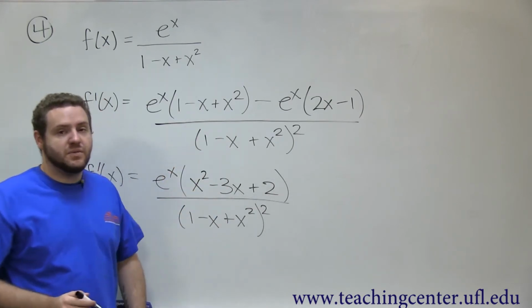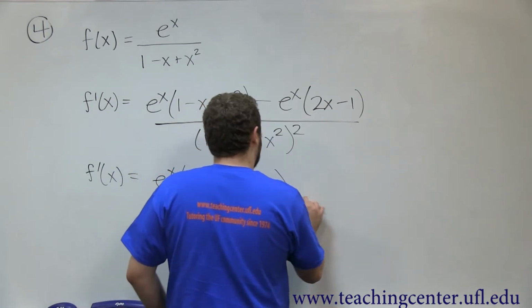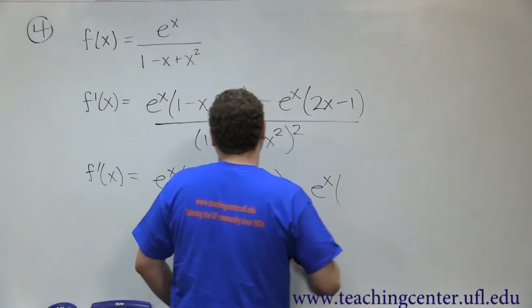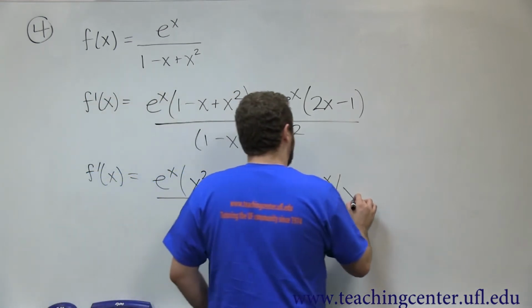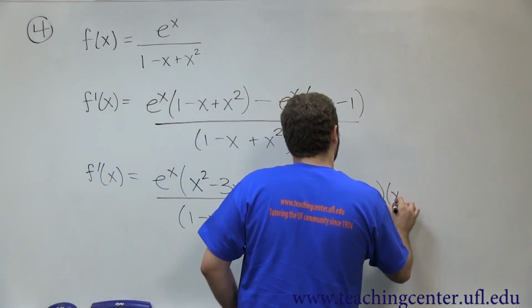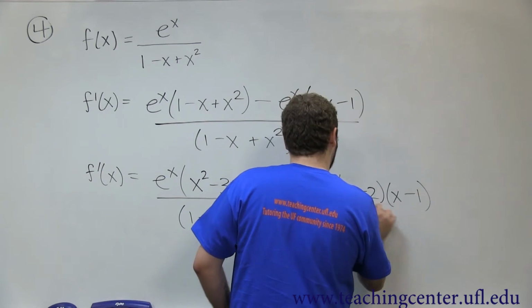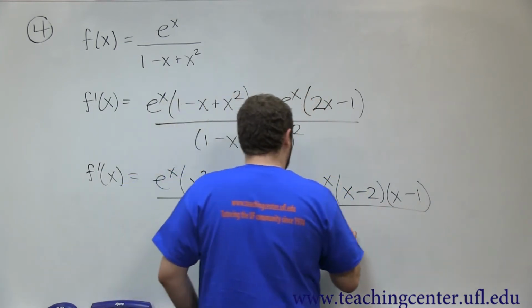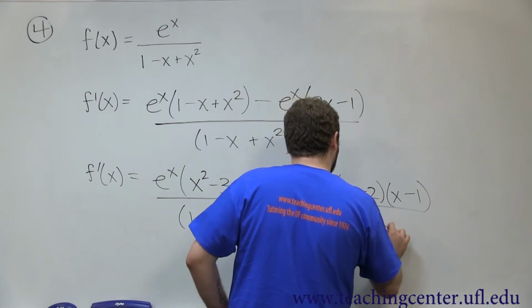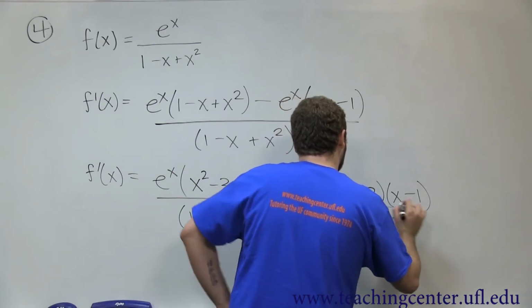And now this can also be factored. We can do one more step here. So x squared minus 3x plus 2 is x minus 2 times x minus 1. And here we have 1 minus x plus x squared, squared.